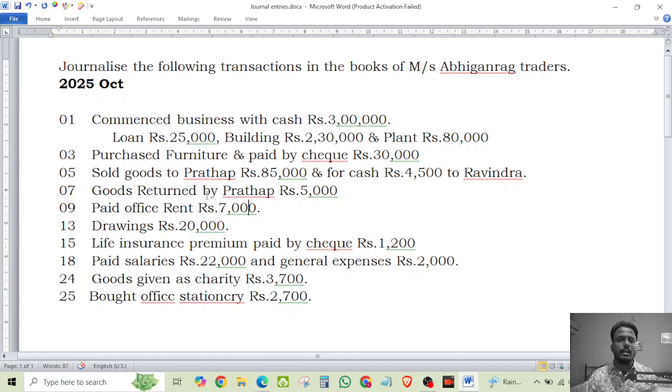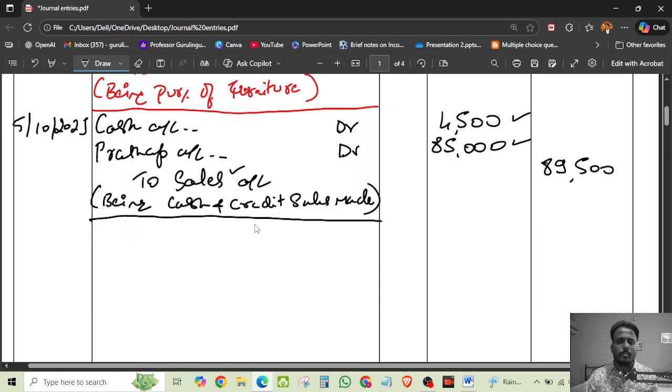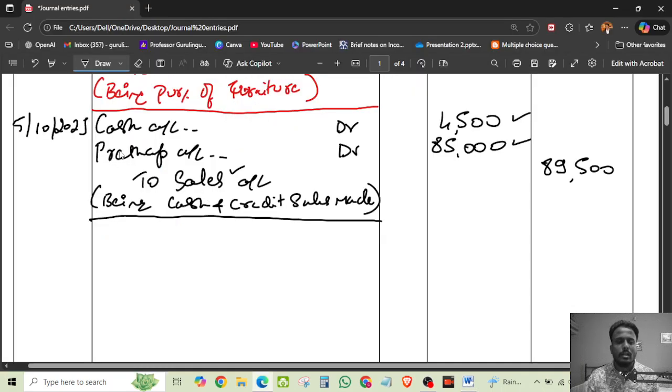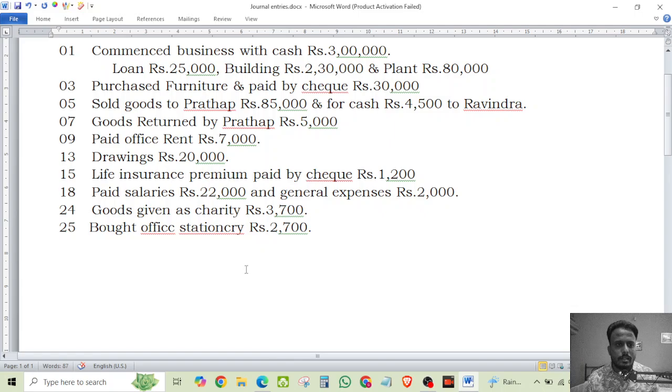So what is the journal entry for that? It is a reverse journal entry for sales. Here we sold goods to Pratap, that is Pratap to sales. Now if we pass the reverse entry, goods are received by us, that is sales return account debtor to Pratap account. Date is 7th.